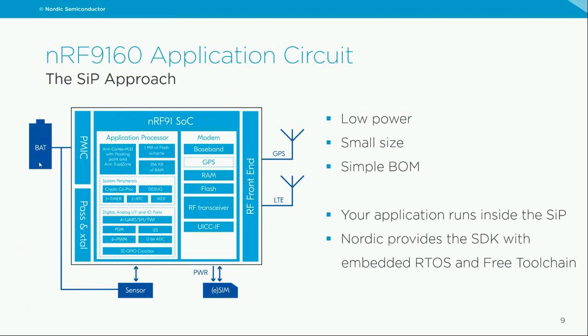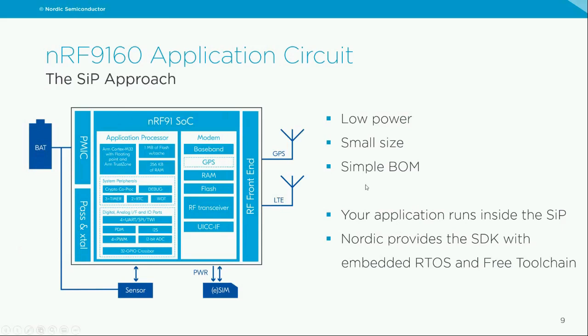Which battery technology you need to use and which sensor you need to use depends on the application you want to build, which SIM that you need, and which antenna that you build will depend a lot on which region you want the product to be placed in, or if you want the product to be placed in a lot of different regions and build more complex solutions around eSIM and more complex antenna.